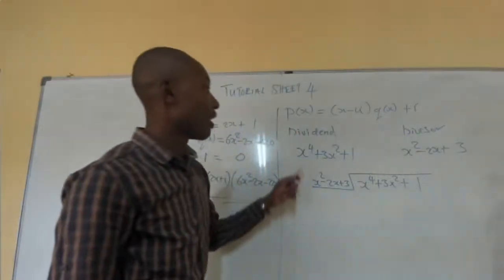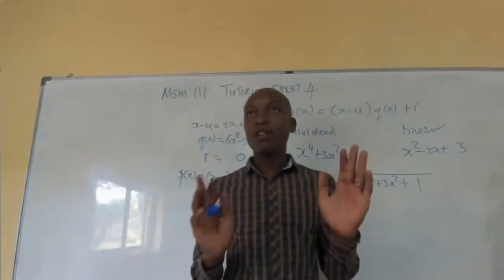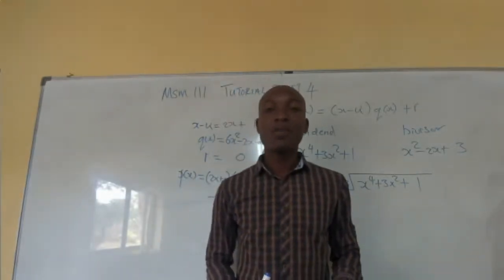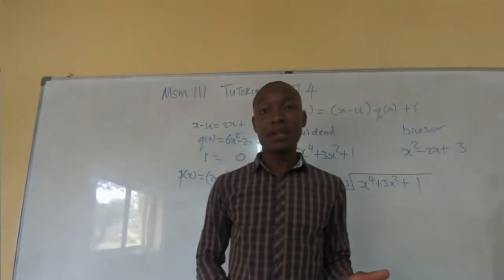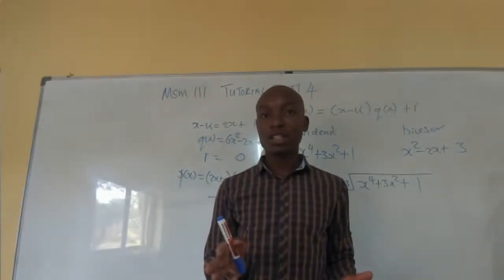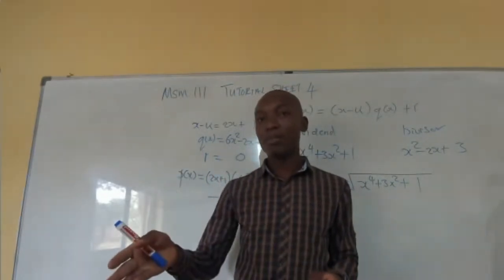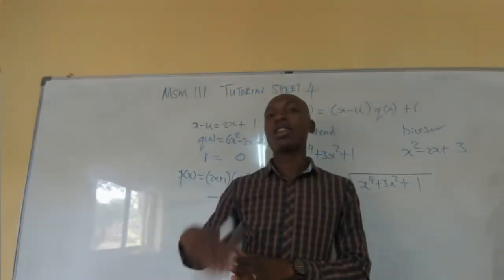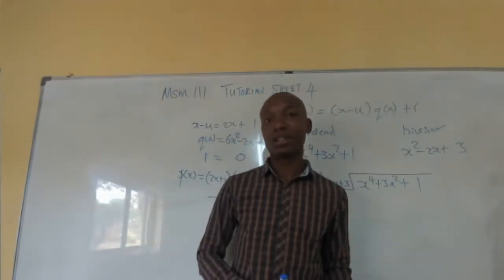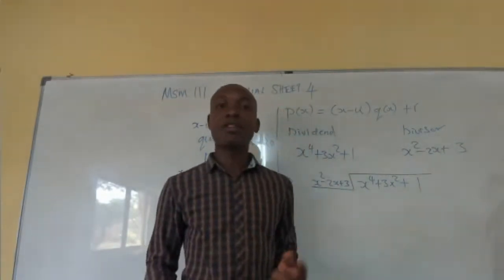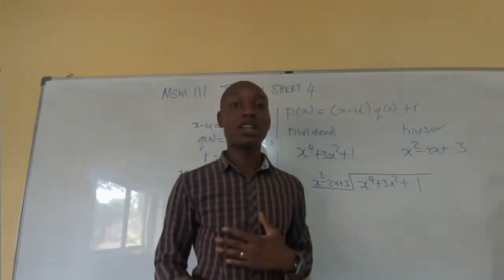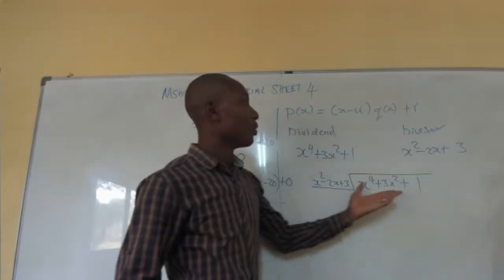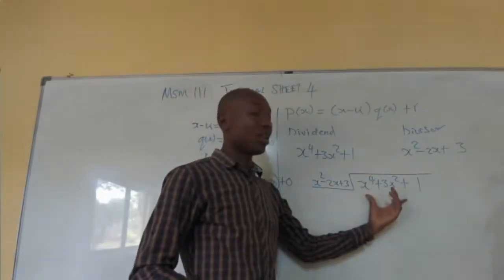If you are writing the variables in descending order, you expect x to the power 4 first, then x to the power 3, then x squared, then x, and lastly a constant, because it's as if the x is raised to the power 0, and anything raised to the power 0 is 1.